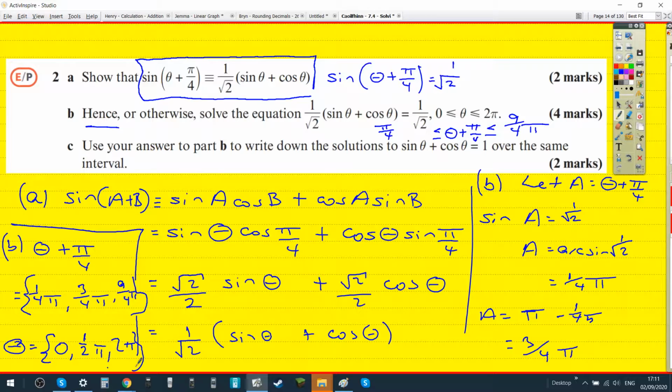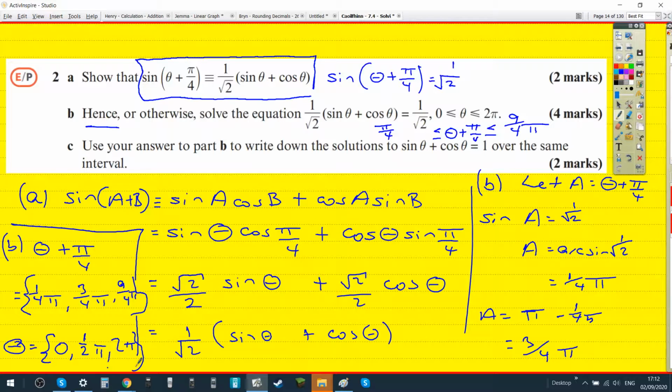You know this equation they gave us, 1 over root 2 sine theta plus cos theta equals 1 over root 2. Yes. Divide both sides by 1 over root 2. What do you get? Sine theta plus cos theta equals 1. Yep.